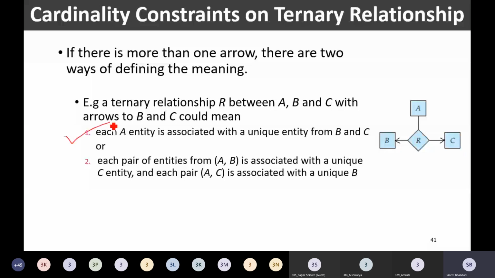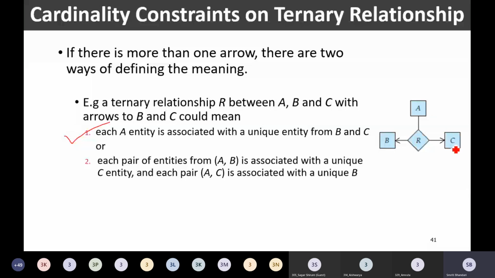In another way, how can we interpret it? Each pair of entities from A and B. I may pick the pair of entities A, B. Every such pair of entities from A, B is associated with a unique C entity. Or in other words, every pair AC is associated with a unique B. This is also possible.